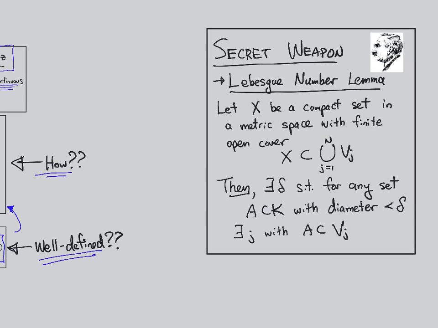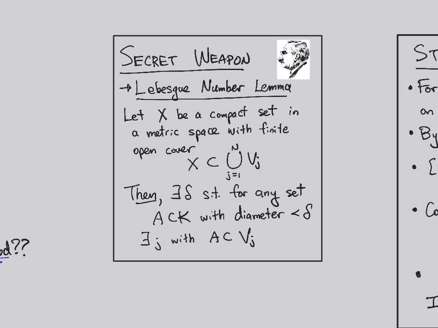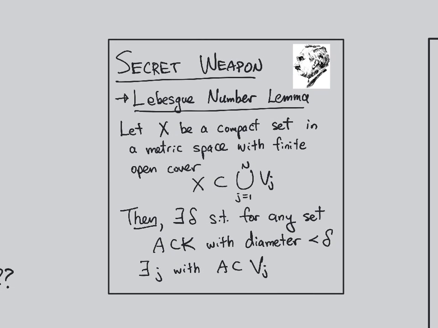Well, here's our secret weapon, which is the Lebesgue number lemma, which just says let X be a compact set in a metric space with a finite open cover. So X is a subset of a union of finitely many open sets.